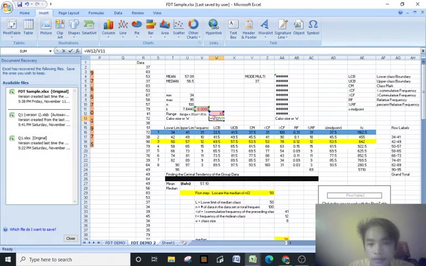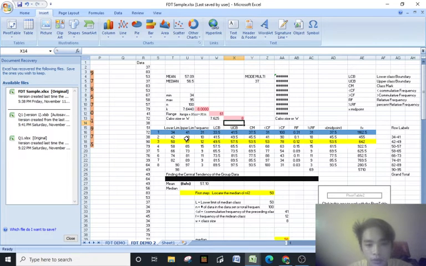To get the class size, you must divide the range by the key. So 61 divided by 8. The answer is 7.625, and round up to 0 decimals, so 8. The 8 is the class size.